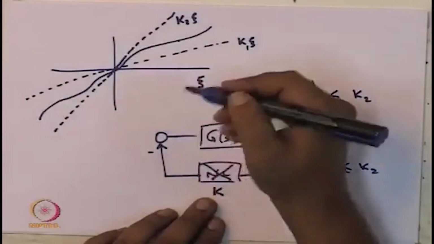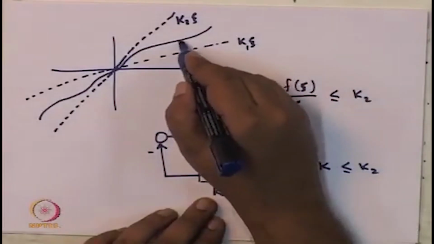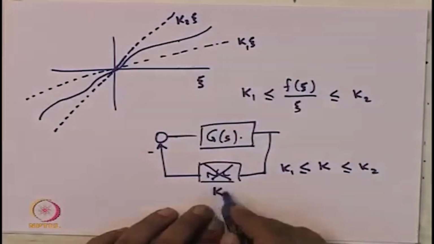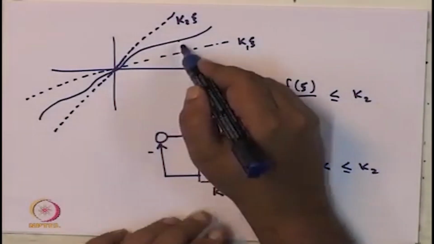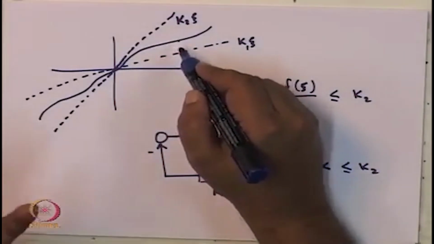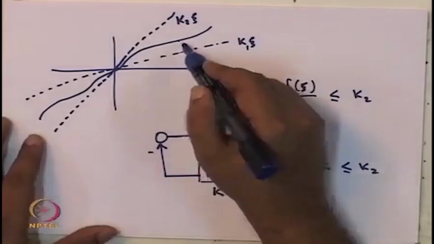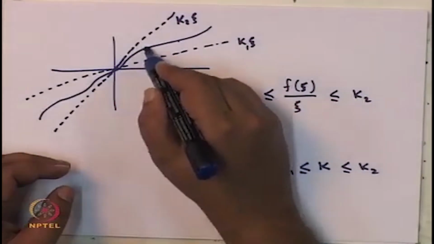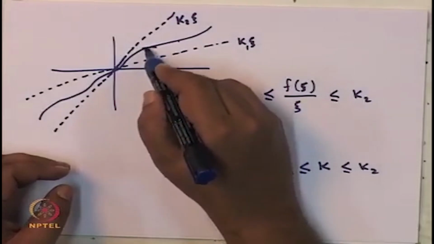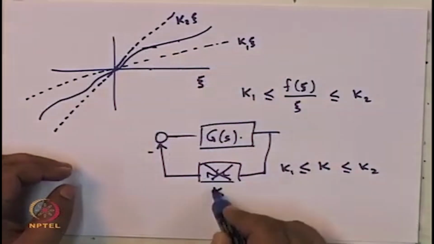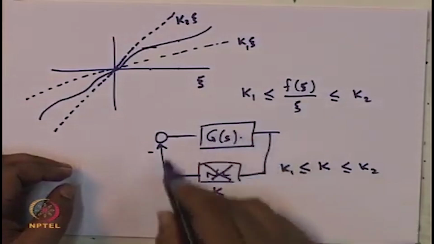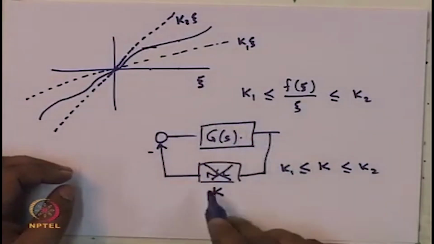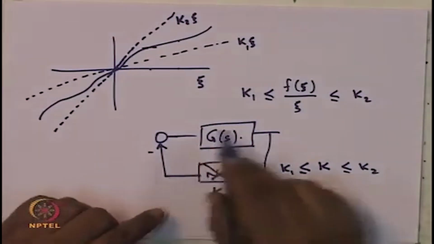Then the guess was that for the nonlinearity, because locally it is like this linearity here, it will behave nicely. So, as the system evolves, you go to some other xi, and at that xi there is some other slope.